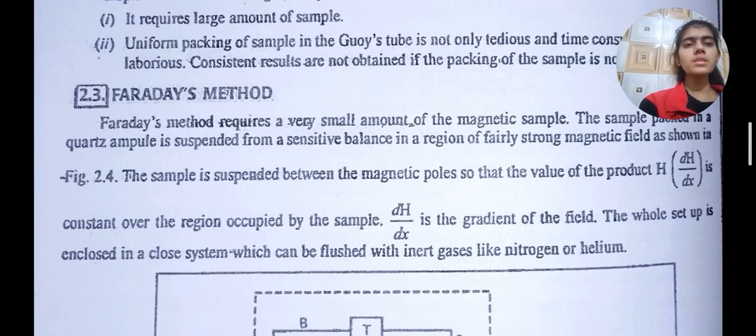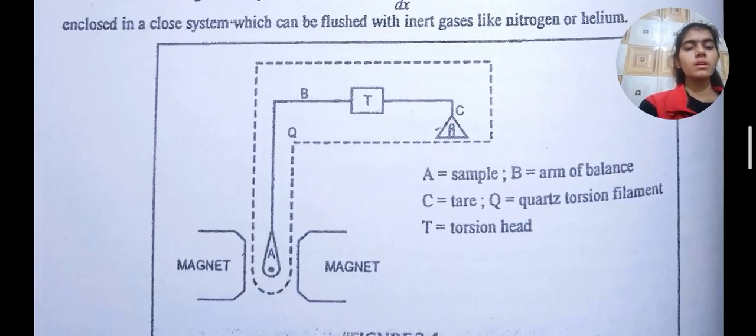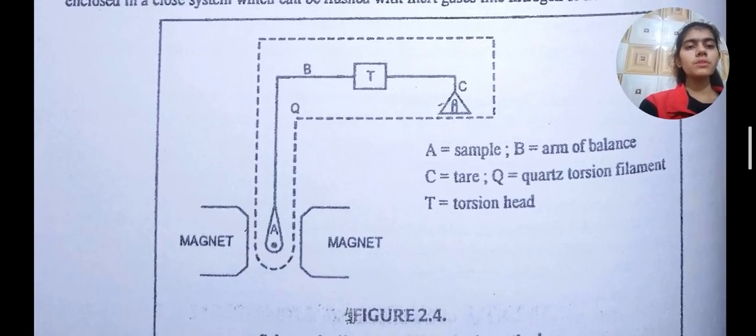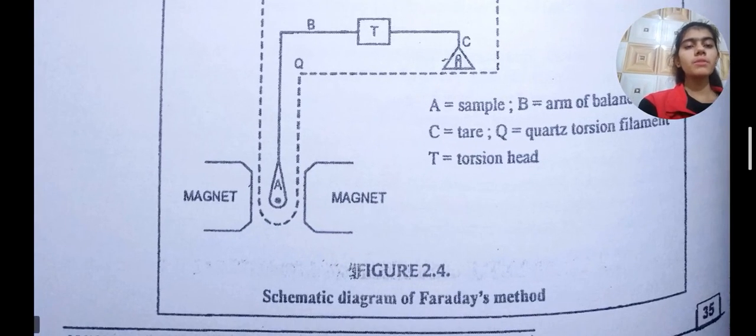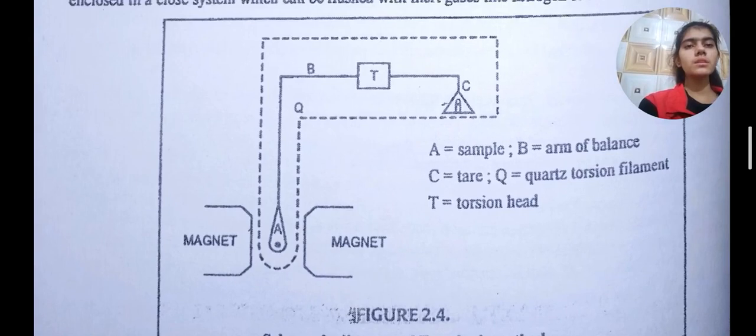The sample is suspended between the magnetic poles so that the value of the product H dH/dx is constant over the region occupied by the sample. dH/dx is the gradient of the field. The whole setup is enclosed in a closed system which can be flushed with inert gases like nitrogen and helium. The setup we can see in figure 2.4 is for Faraday's method for determining the magnetic susceptibility.